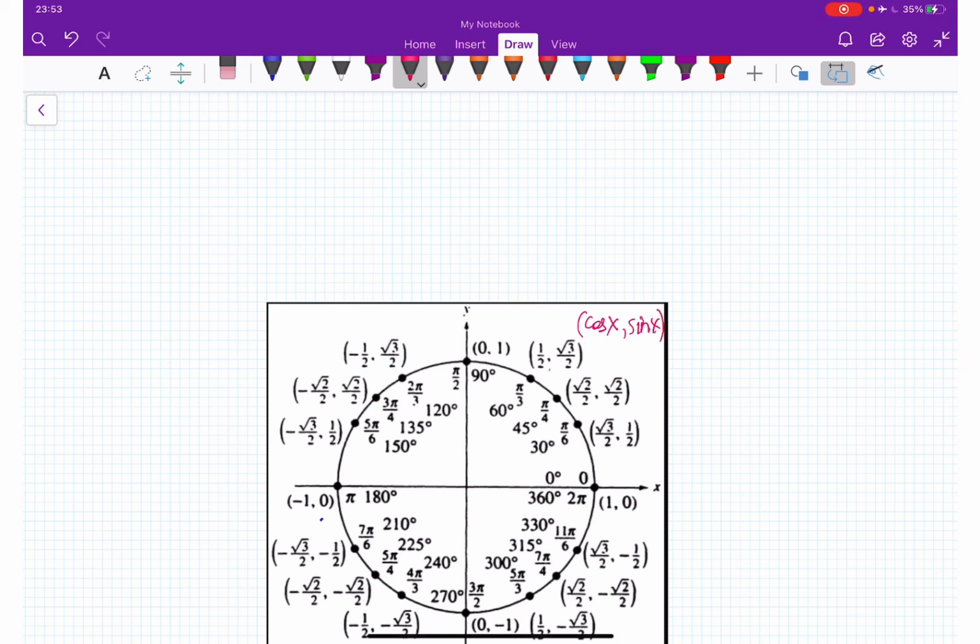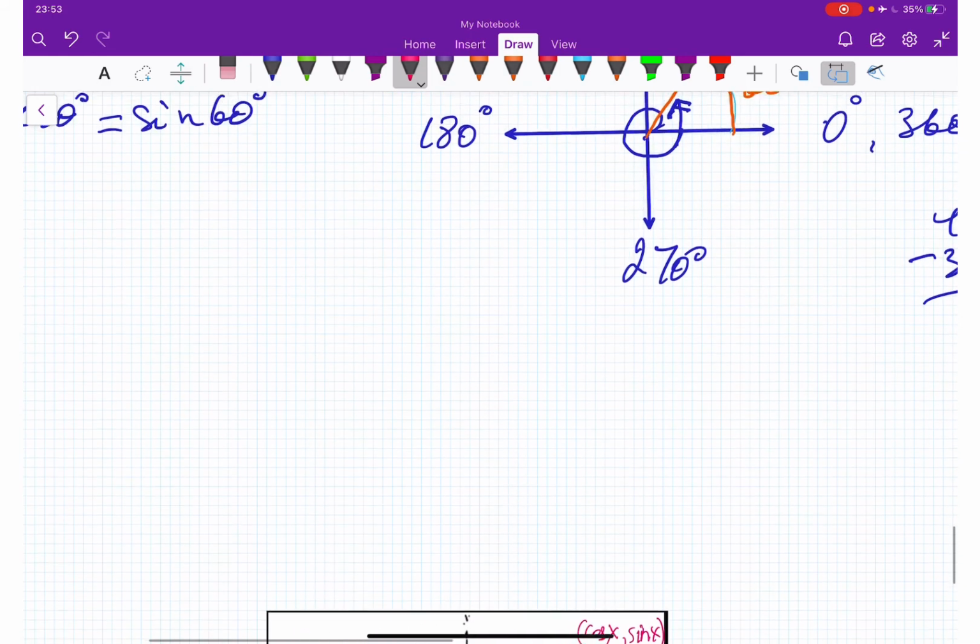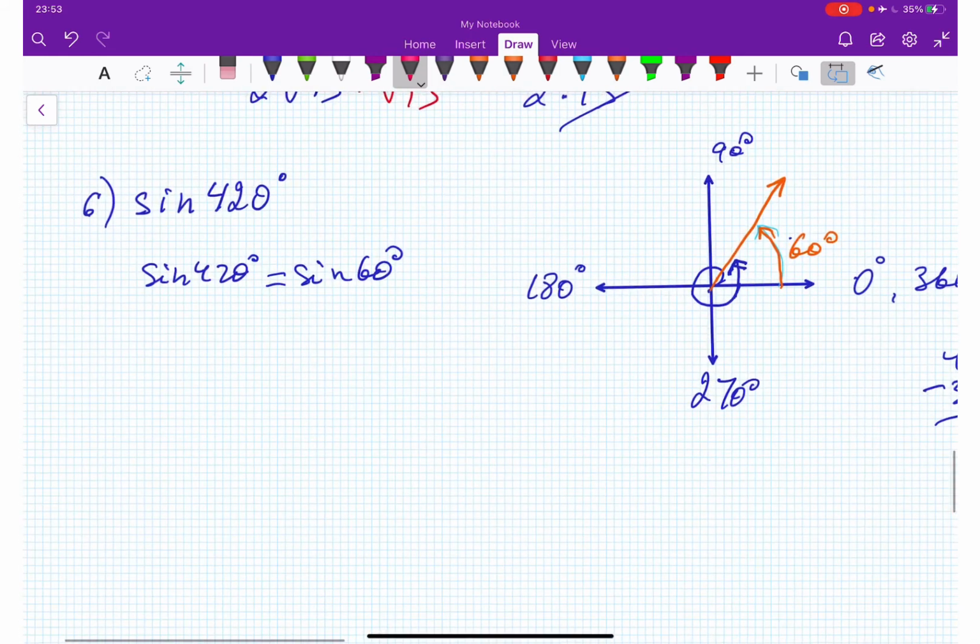So we need to take the second one, right? Second coordinate for 60 degrees. Here it is, this is 60 degrees, and sine is going to be square root 3 over 2. Which means here we are going to put equal square root 3 over 2. And we are done.